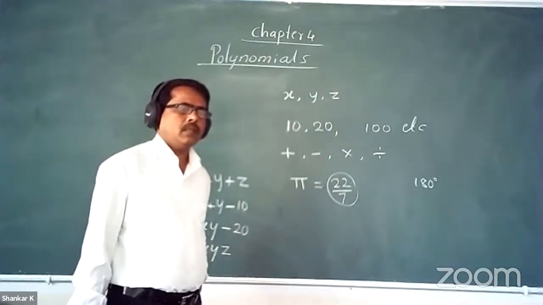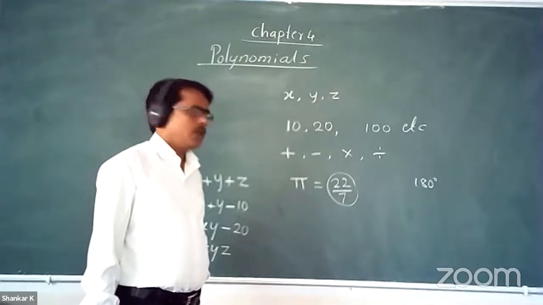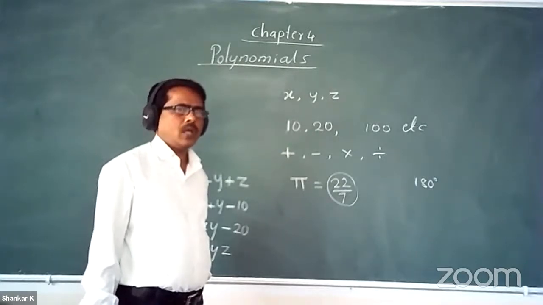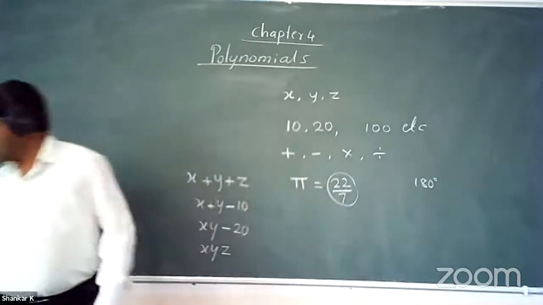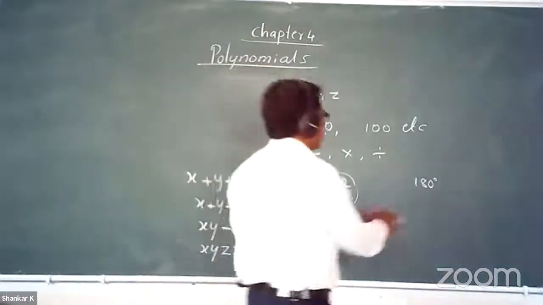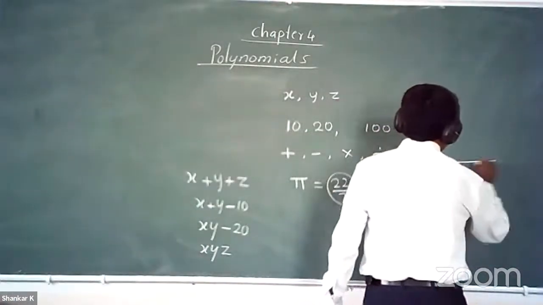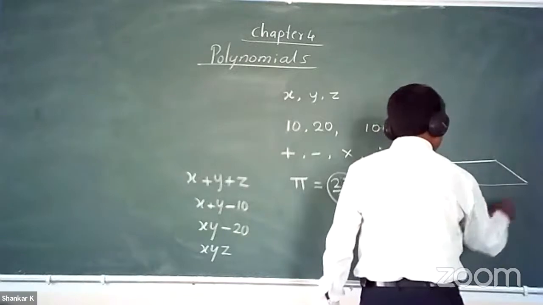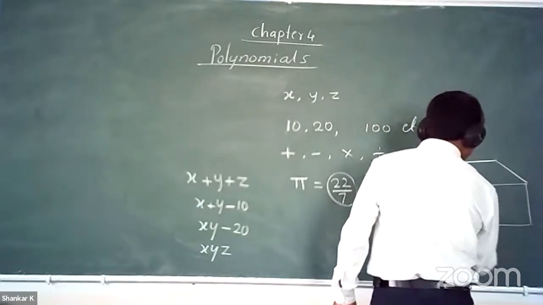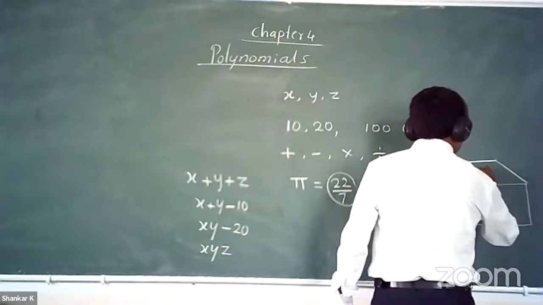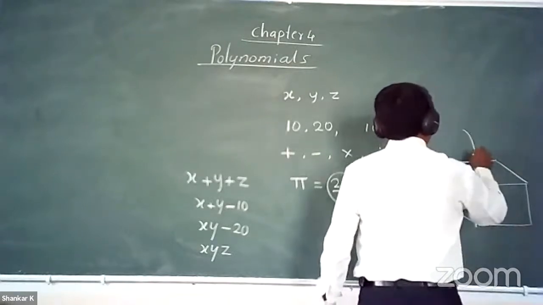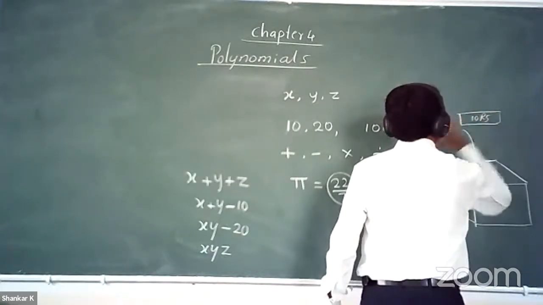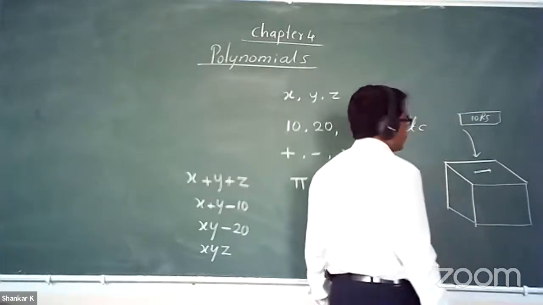Variable, what is a variable? The quantity which changes its value is a variable. I'll make you understand. For example, in your home, let us say you have a coin box. Today, if you have put 10 rupees, its value is 10 rupees.